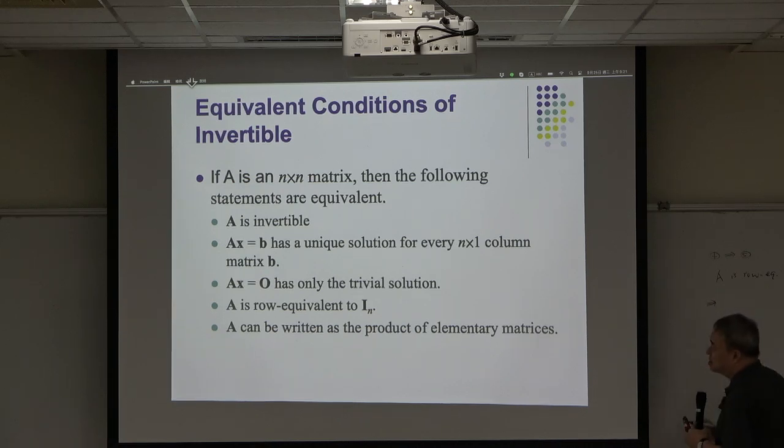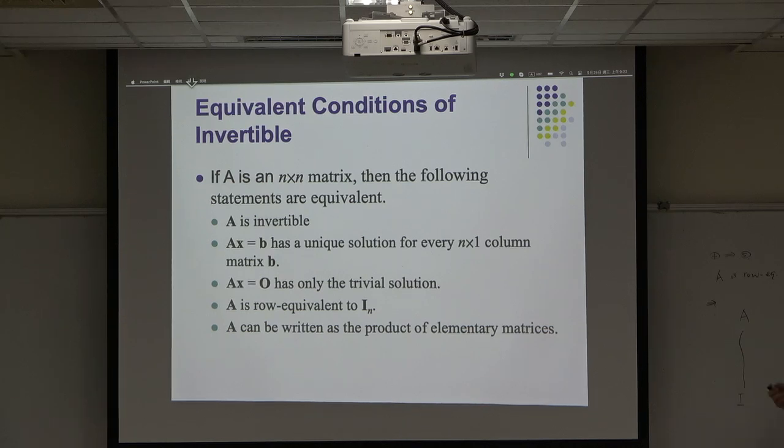That means there exists a bunch of steps, so A can go through Gauss-Jordan elimination, you can get an identity matrix, and each of these steps is an elementary row operation.